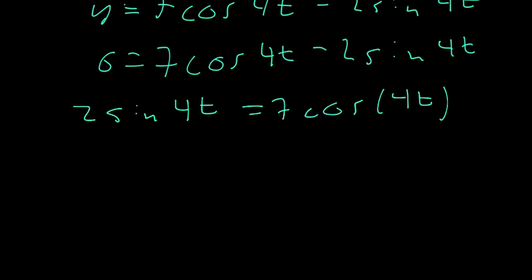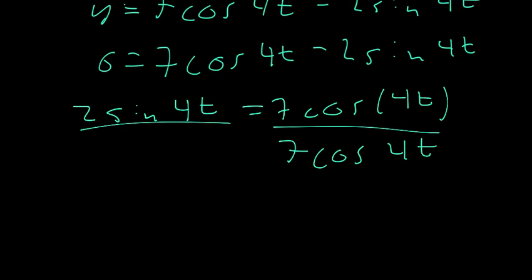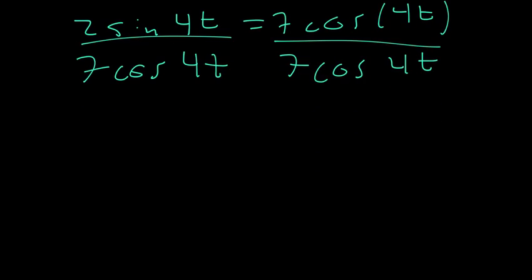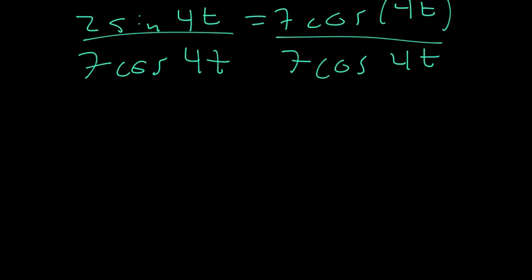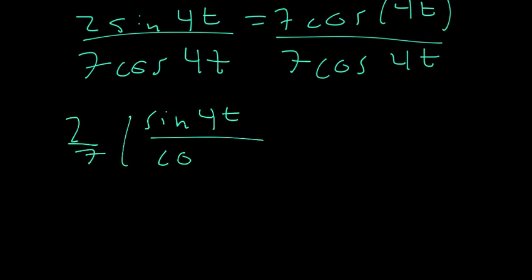Okay, so at this point, I'm also going to divide by 7 cosine 4t on each side. Okay, and now what that's going to get us is 2/7 times sine of 4t over cosine of 4t equals 1.